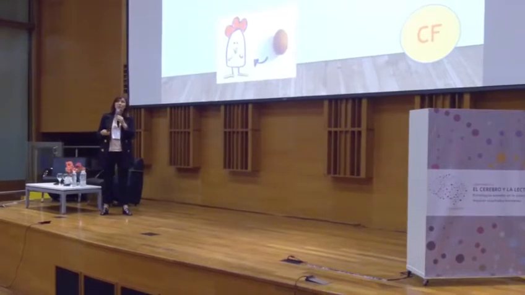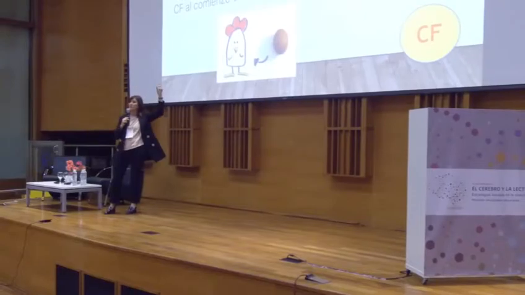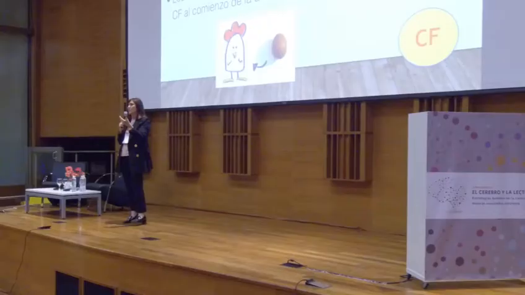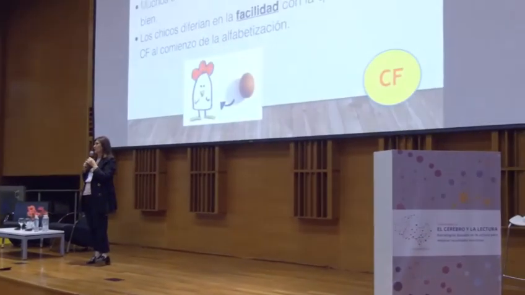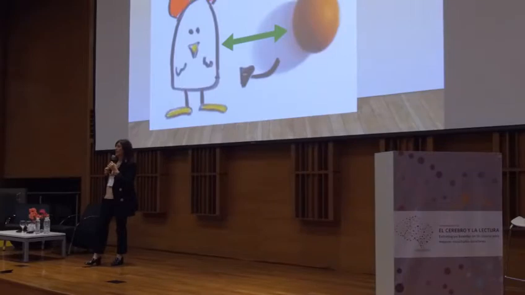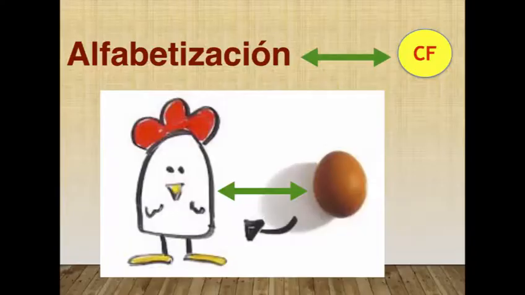So they realized that it is not the absolute initiation, but really how easily they develop the phonological awareness in the process of literacy instruction, the process of feedback between reading and phonological awareness, because one system supports the other.